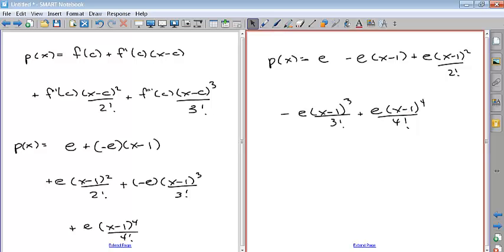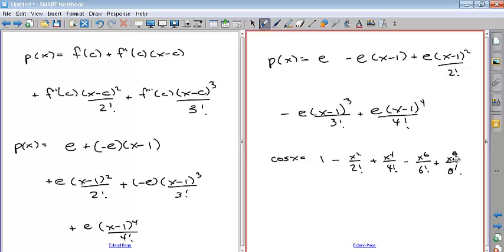When I talk about the number of terms, if terms go to 0, don't include those. For example, the cosine of x around x equals 0 is equal to 1 minus x squared over 2 factorial plus x to the fourth over 4 factorial minus x to the 6 over 6 factorial plus x to the 8 over 8 factorial.